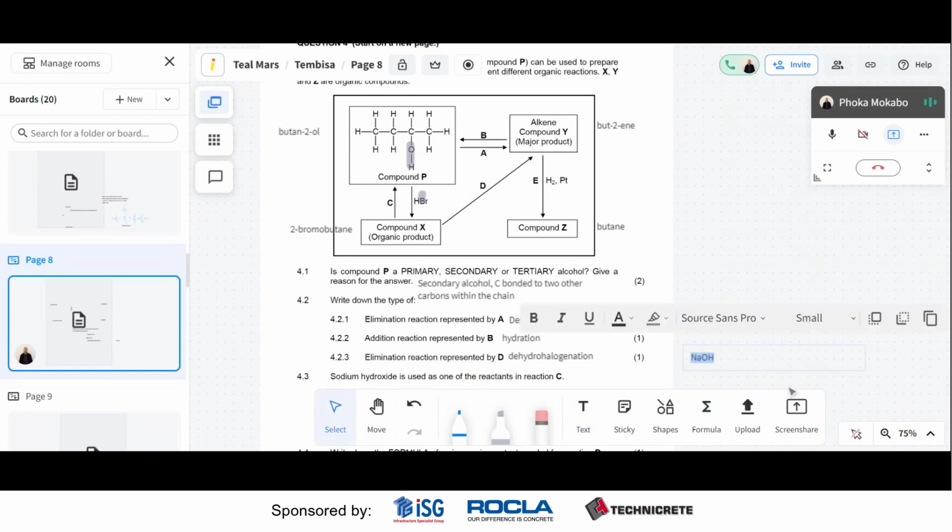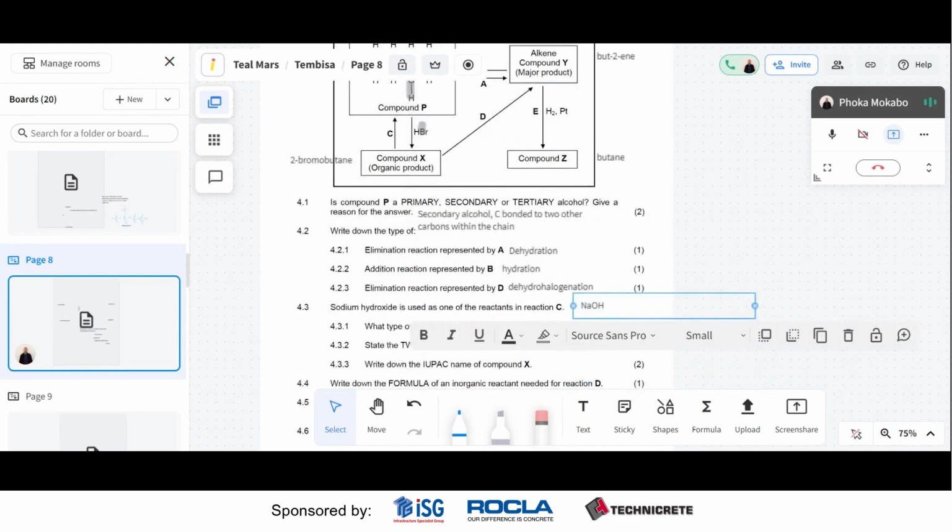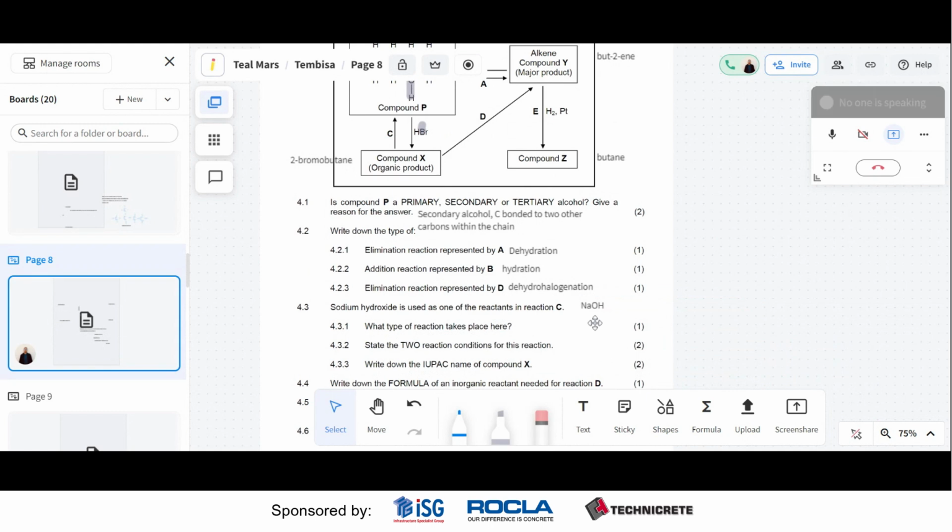Now, they want us to consider a couple of things. One, what type of reaction takes place here? The general name as well as the specific name, and then state the two reaction conditions for this reaction, very specific, as well as write the IUPAC name for compound X.